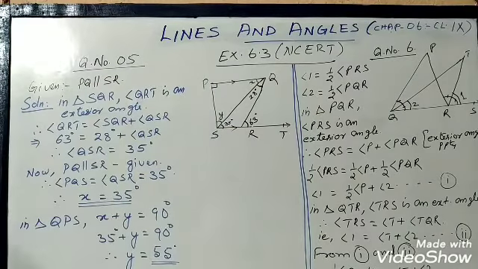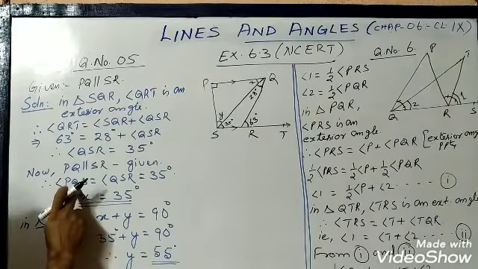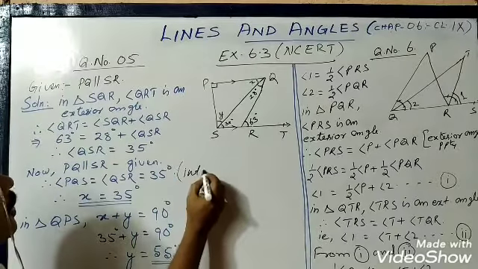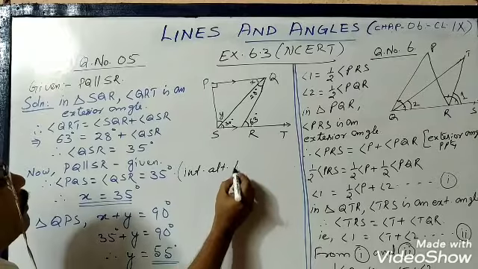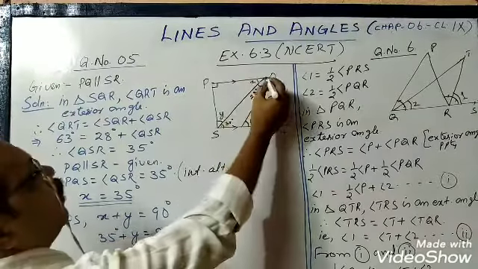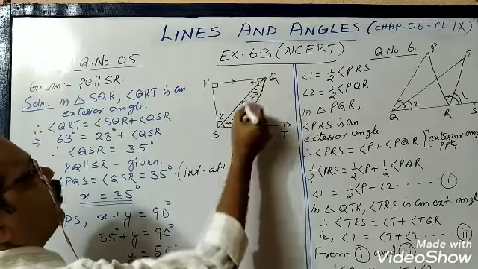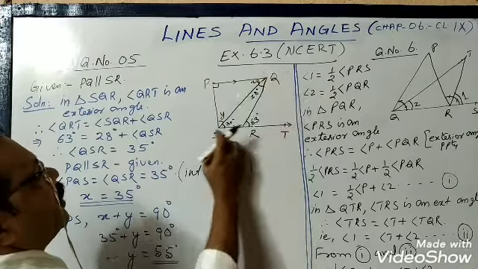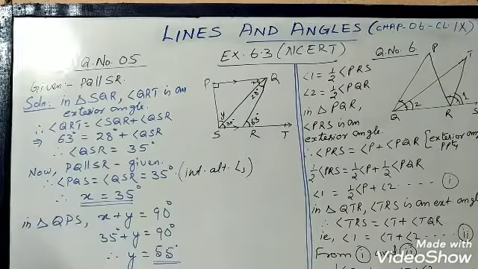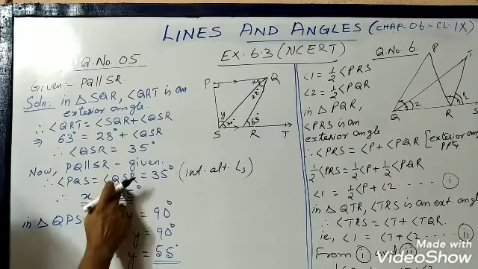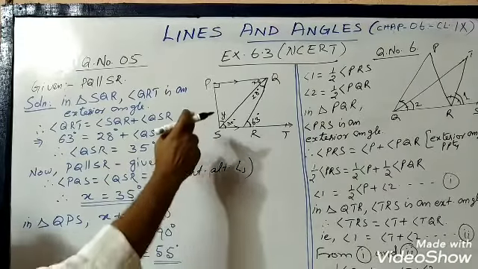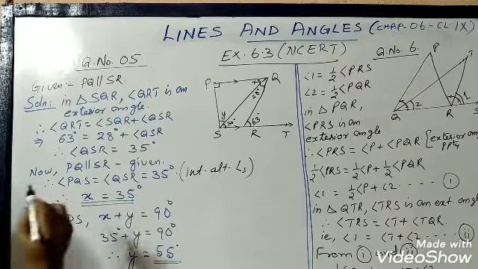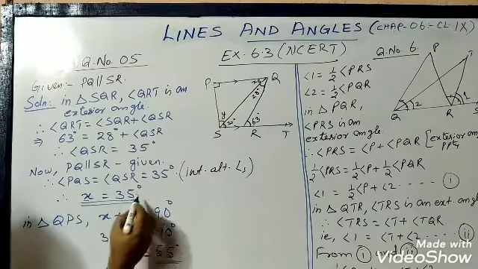Interior alternate angles. Angle PQS and angle QSR are interior alternate angles because PQ is parallel to SR, so interior alternate angles will be equal. So angle PQS equals angle QSR equals 35 degrees. Angle PQS is X and angle QSR is 35, so the value of X is 35 degrees.